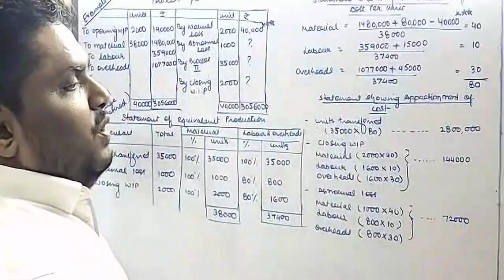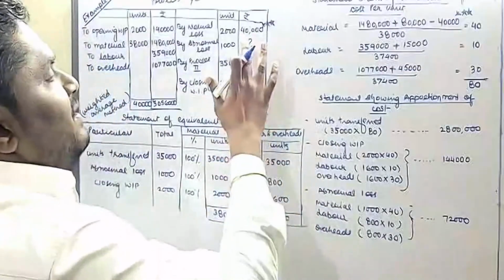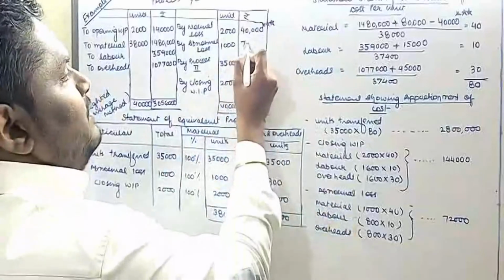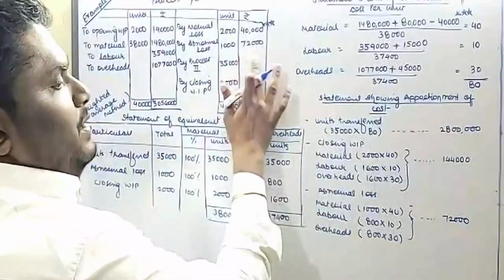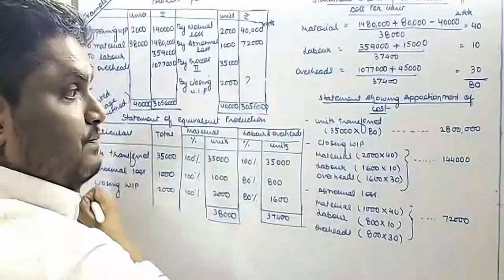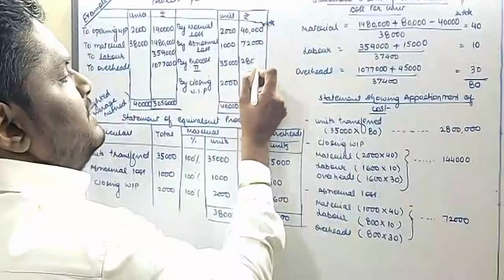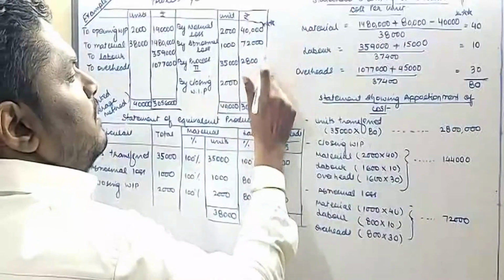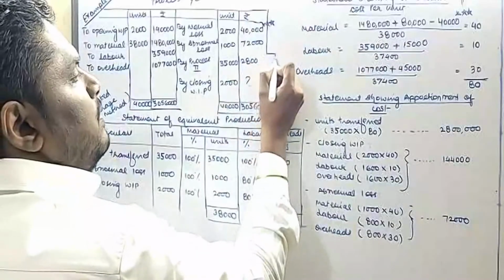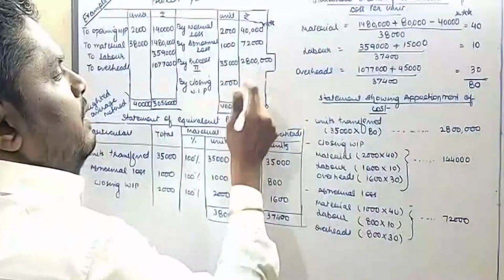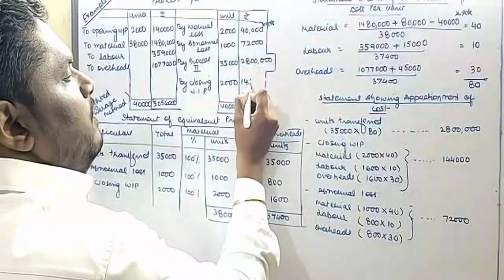So this is how the cost is distributed. So abnormal loss value is 72,000. The units transferred to the next process is 28 lakh, and this is 1 lakh.